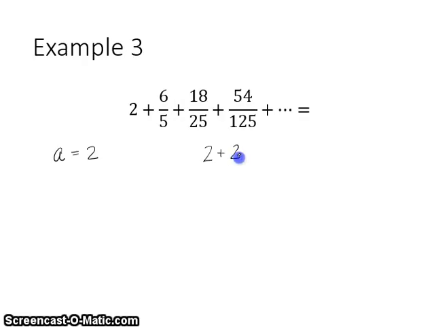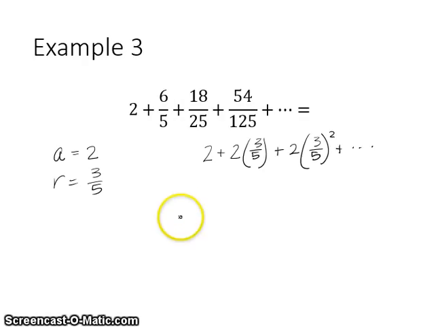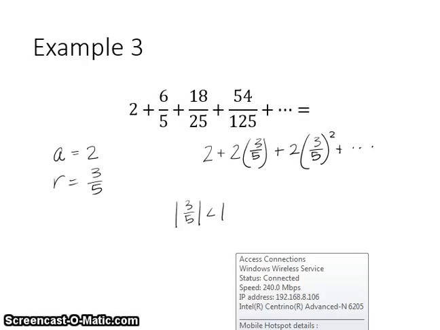My next term is really 2 times 3/5. And my next term is 2 times 9/25, which is 3/5 squared. So it looks like my r is 3/5. Since my r is 3/5, and since 3/5 is less than 1, this series converges.